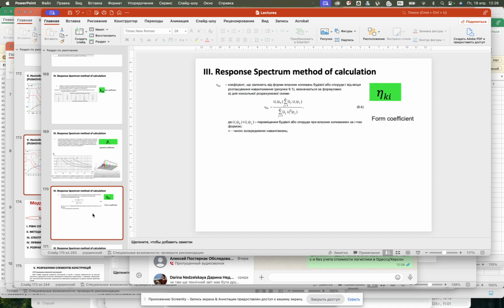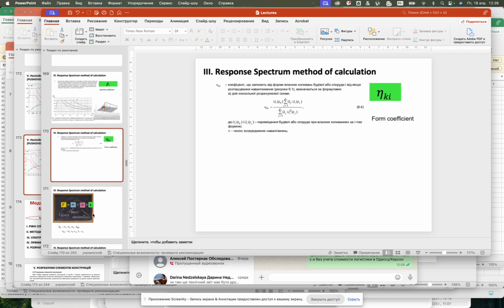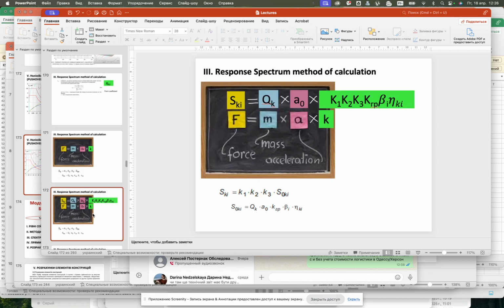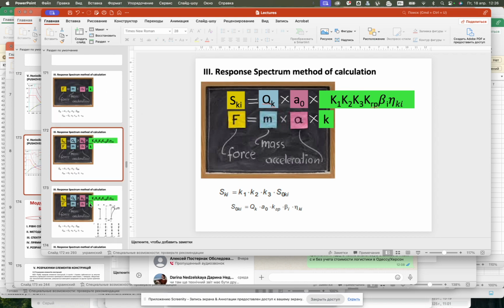It's a coefficient which describes the part of the mass of the building which takes part in the vibration process. And here is the way of transformation of our basic formula, Newton's second law, to the formula which we can find in our DBN.